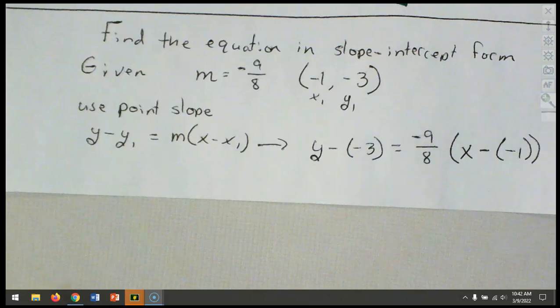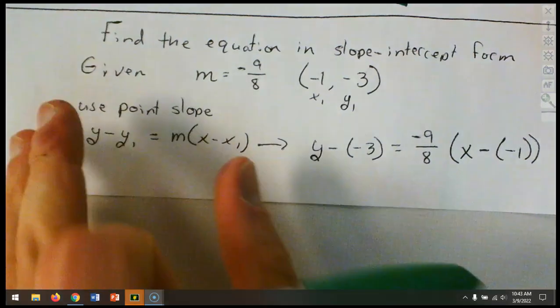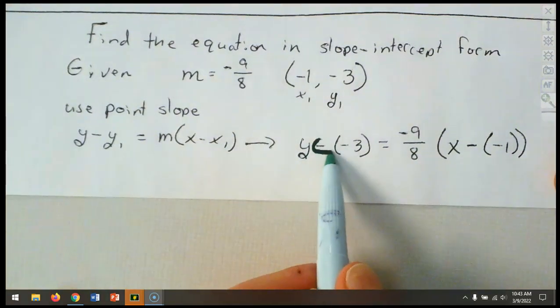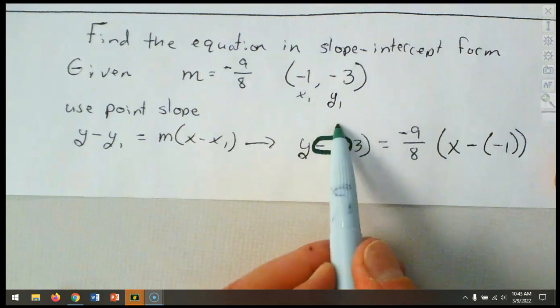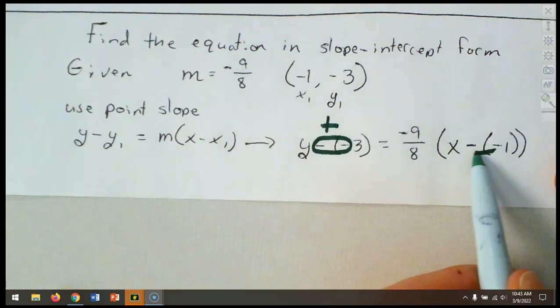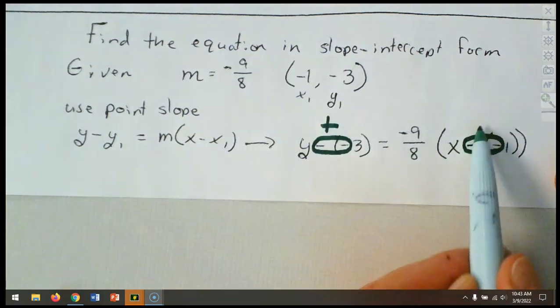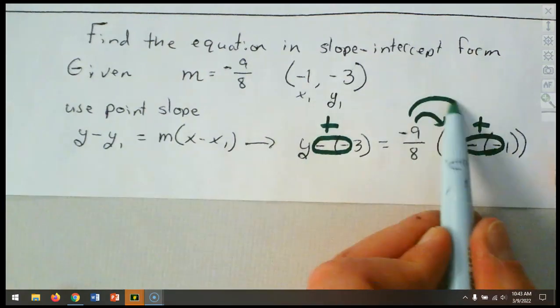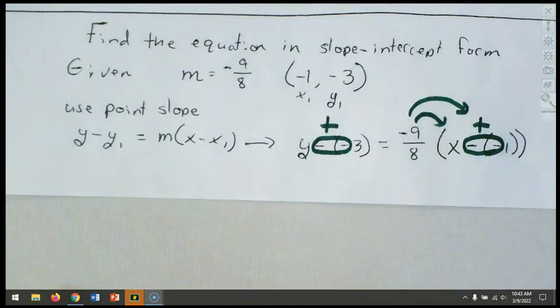Students miss these a lot. It's all because of sign errors or arithmetic. So the double negatives, watch those. The double negatives are going to make it positive here and positive here. We're going to distribute that negative 9/8 through.